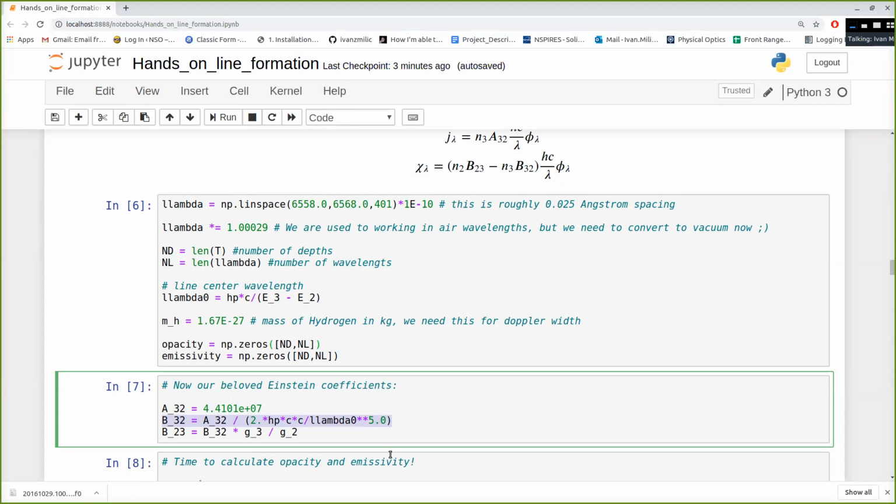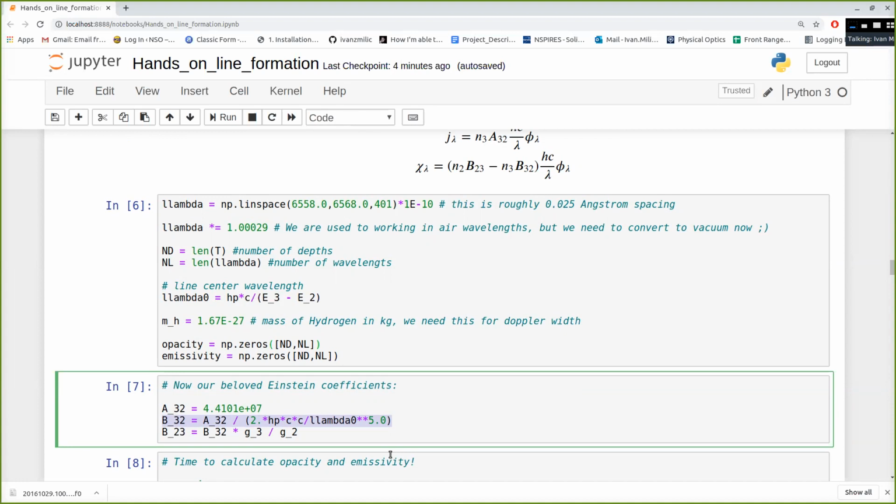I will also put a link to some page dealing with Einstein coefficients. Even on Wikipedia, you have very reasonable explanations, so don't hesitate, just go and take a look at it. But basically what we need to understand and remember here is that if we know one of the Einstein coefficients, we can calculate all three, and they're just related through some physical constants and some properties of the levels.